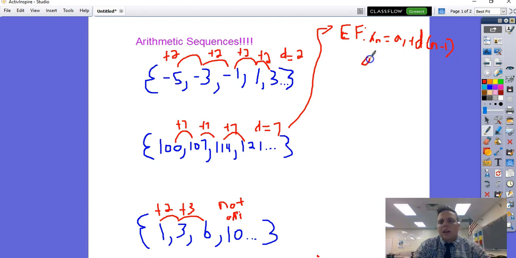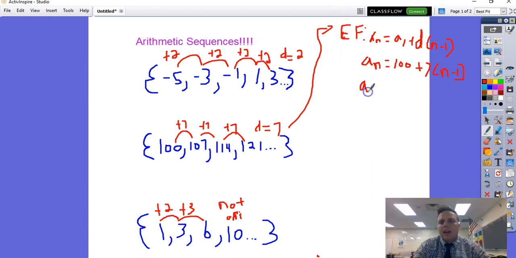Alright, so then I get a sub n is equal to the first term, which is 100, plus 7 times n minus 1. Because I want to leave n as n because I want to be able to find any term. I'm trying to make a formula that will allow me to find any term. That's why it's called explicit formula.